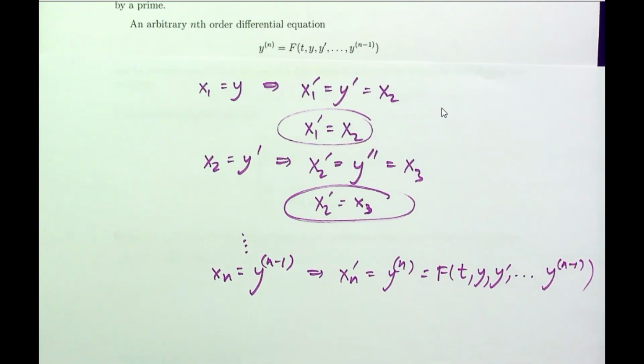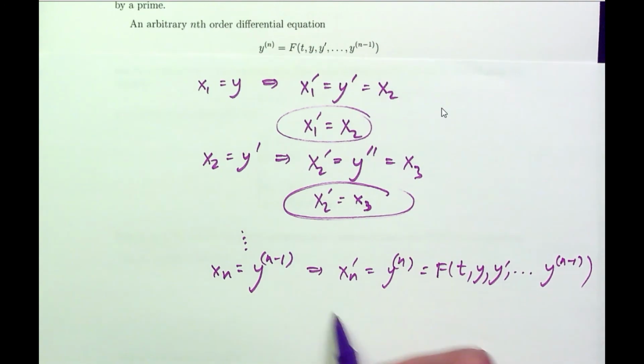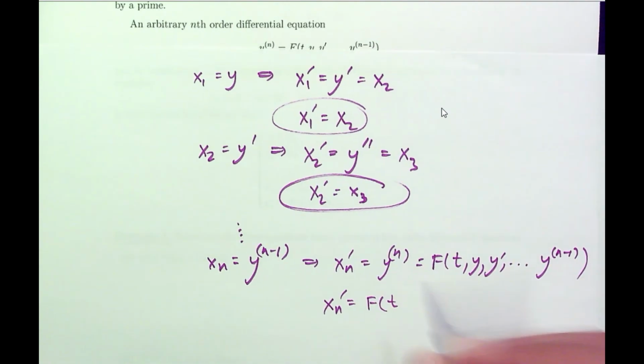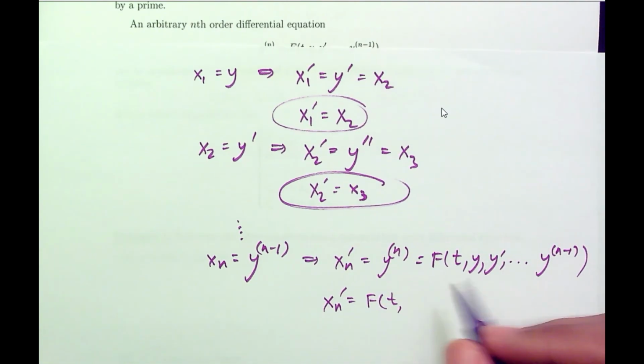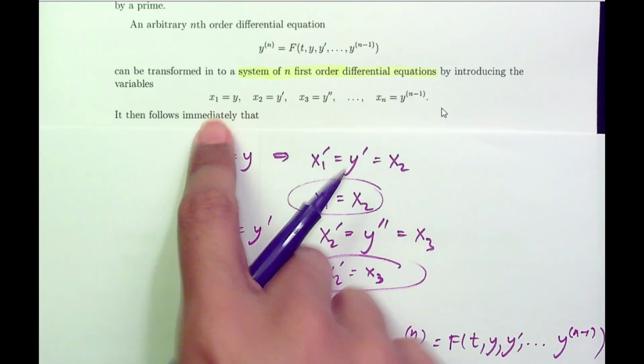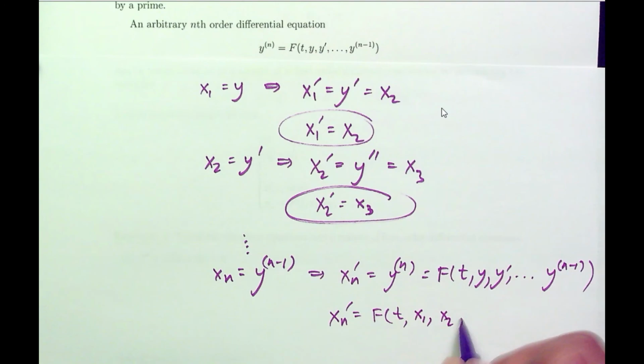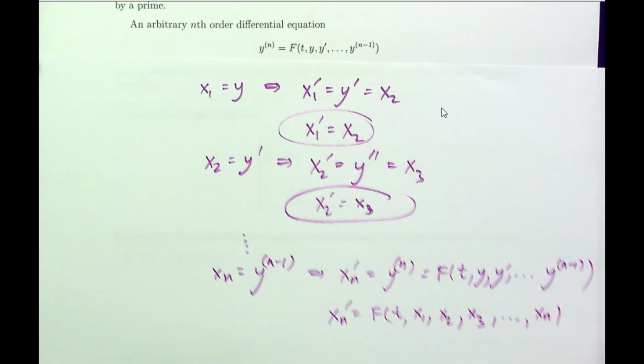Alright, but again, I don't want any y, so I'm going to replace all the y's with what they are in terms of x. So x1 is y, then x2, x3, etc., all the way to xn.